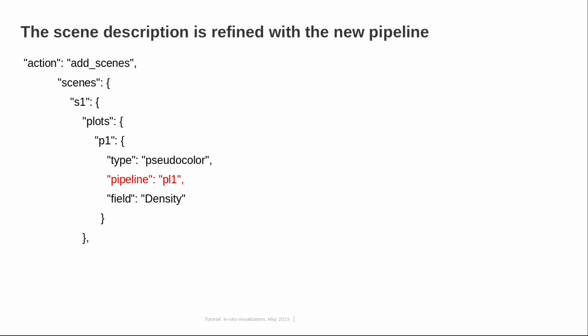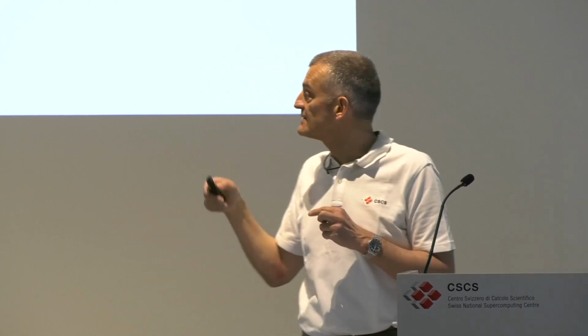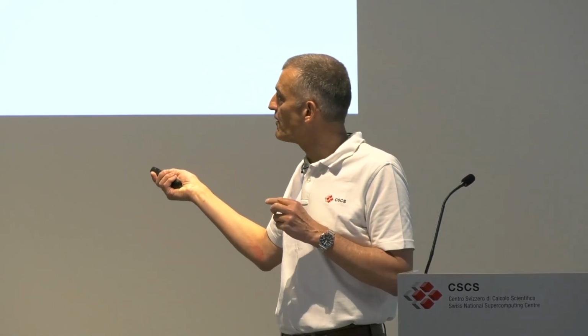So if I were to remove this one particular line, I would have the three-dimensional view of my grid. If instead I use a pipeline, I will show the thresholded data with the same variable.